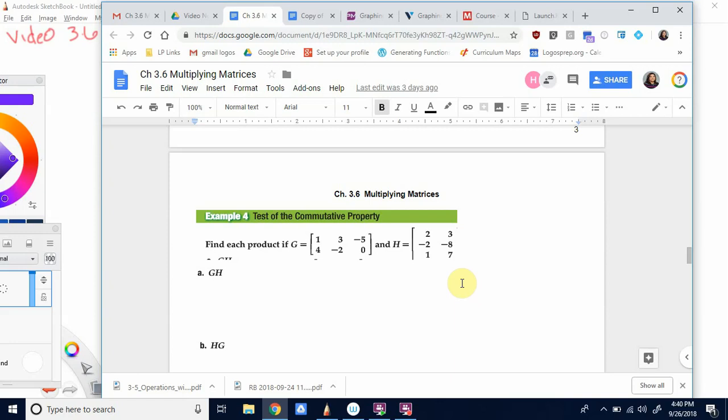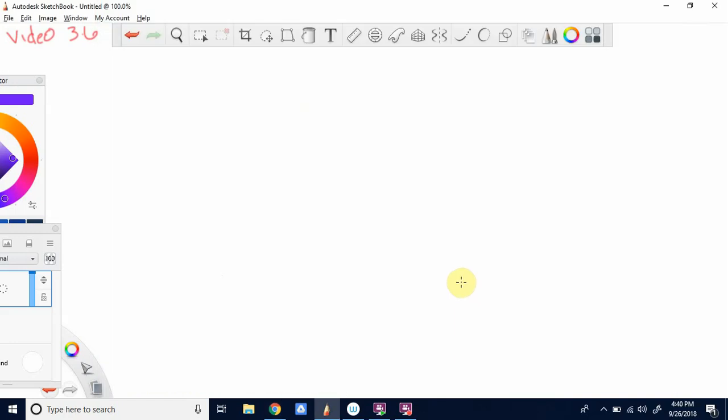So we're going to find the product of GH and HG. So for GH, G is a 2 by 3, and H is a 3 by 2. Is it defined? Yes. The result is a 2 by 2, correct?